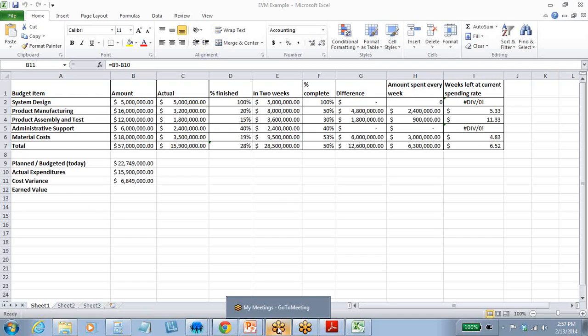Well, in 2 weeks you would be on schedule because you're at 50%, but you don't have information about some amounts, for example the amount spent on admin support, which is almost $3.6 million. And that is usually a step cost. What that means is you hire a person, and then you continue with them for some time, and if you need more, you step up and hire another person.